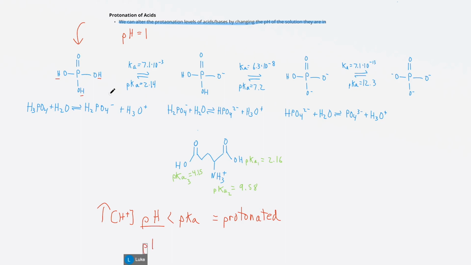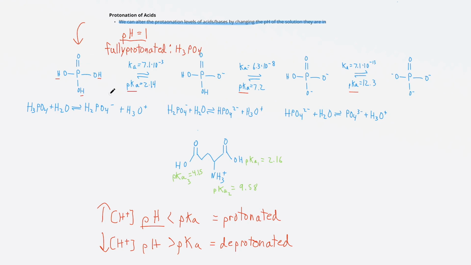Conversely, if the pH is more than the pKa, that indicates a low hydrogen concentration, which then makes it easier for our molecules to be deprotonated. So back to our example of a pH of 1. If we have a pH of 1, 1 is less than every single pKa for that acid, so our molecule would be fully protonated.